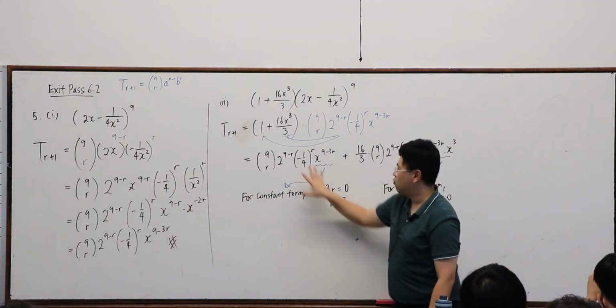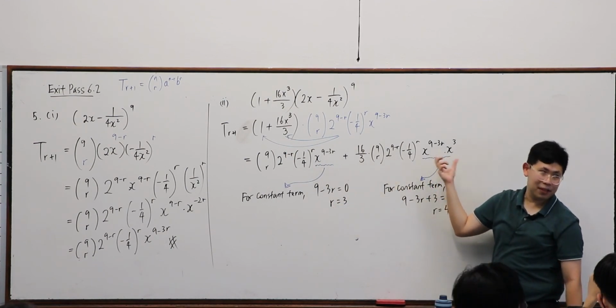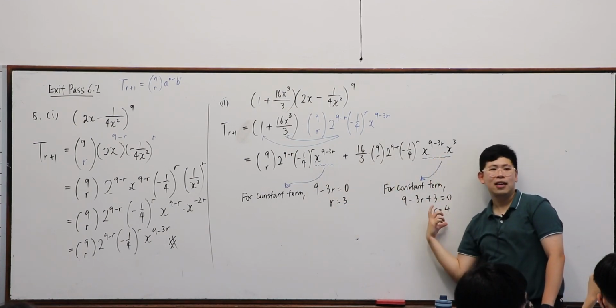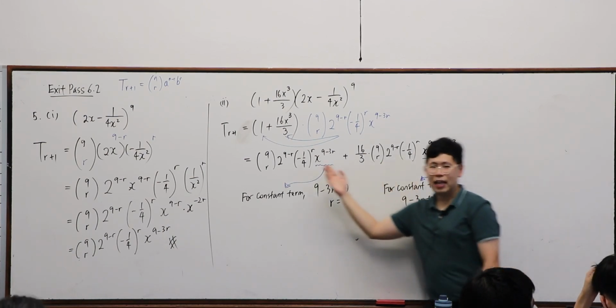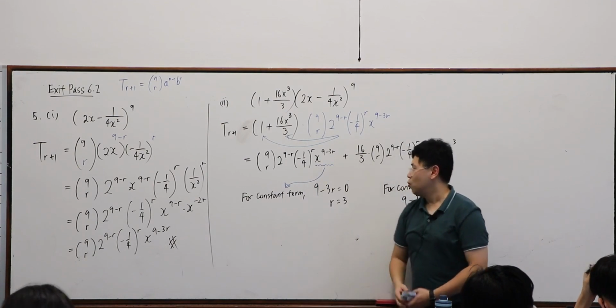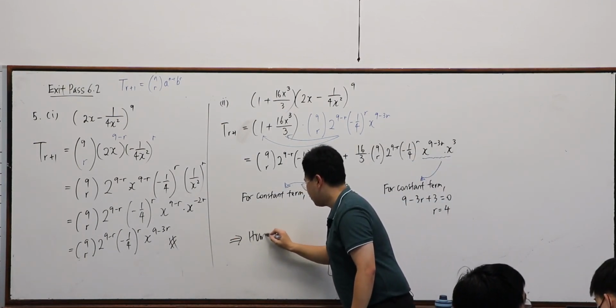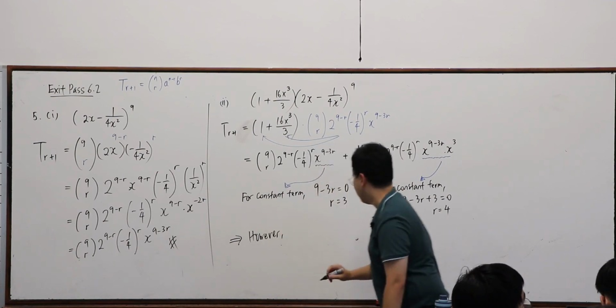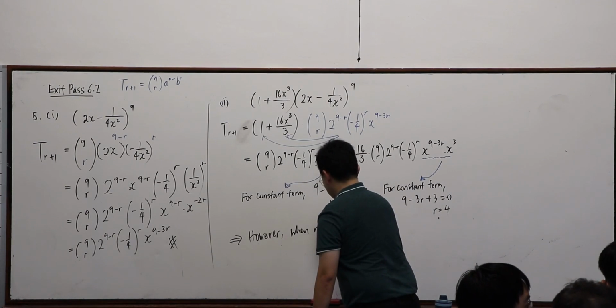So this is only true for this one, but when r equals 3, you will still get x to the power of something here. One more time, if r equals 4, this will be a constant term, but you still get x to the power of something over here. So what you do is, you can just roughly explain.